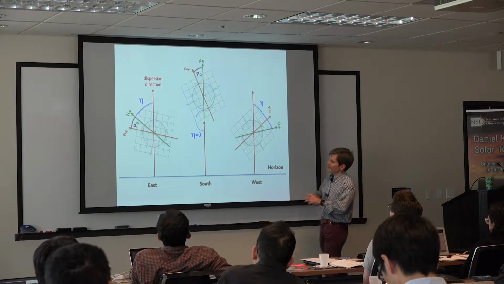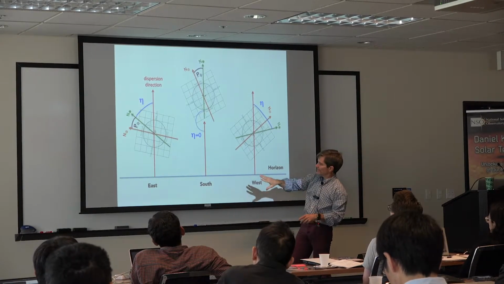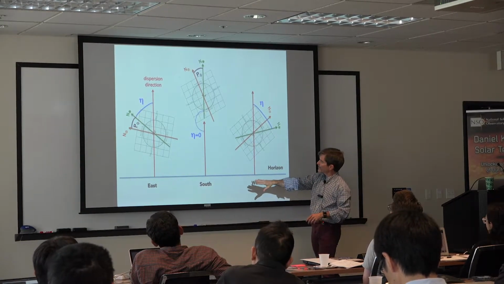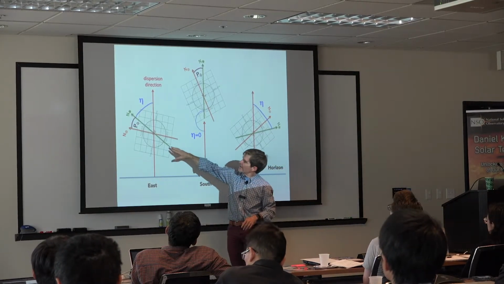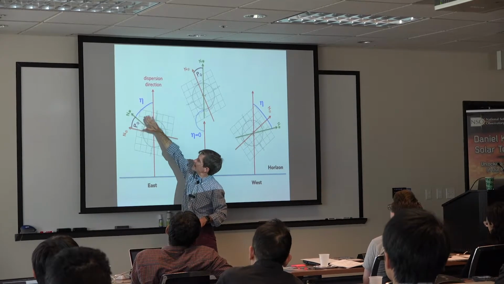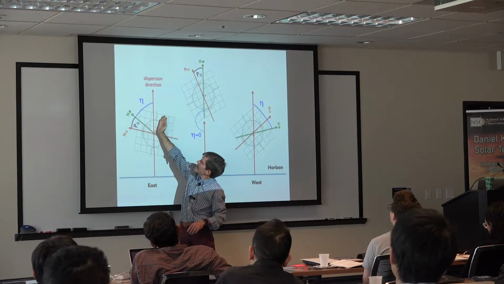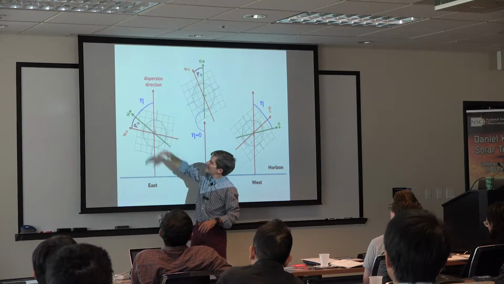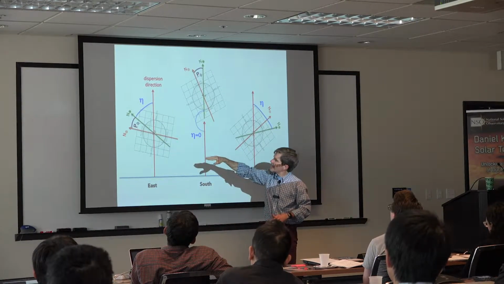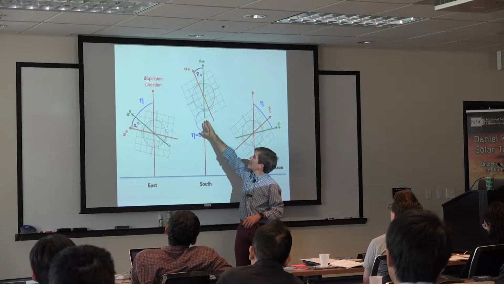Here's a plot trying to show that. So this is in the east in the morning, this looking south, and then looking west. And in this, here's your parallactic angle in blue, and you see that dispersion direction perpendicular to the horizon is tilted to one side of the celestial pole.